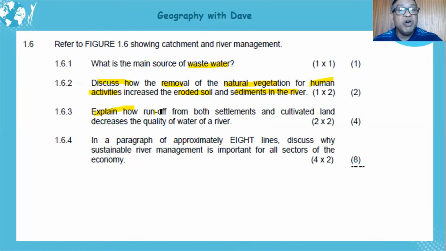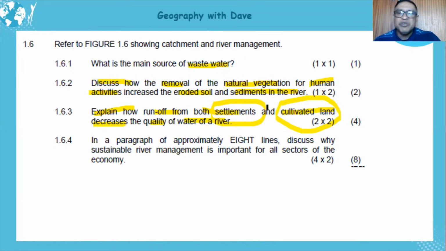Explain how runoff from both settlements and cultivated land decreases the quality of water in the river. Nice, interesting question. But what you need to know is that it talks about settlement and cultivated land.